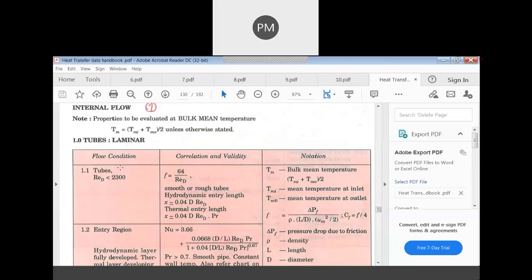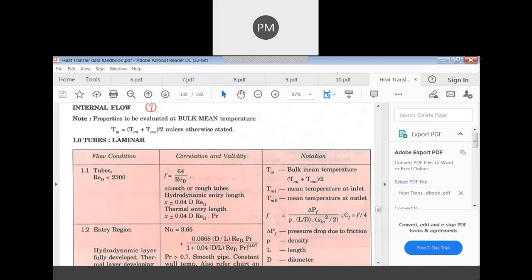I told you it can be a laminar flow or a turbulent flow. For laminar flow, what is the condition? The Reynolds number should be less than 2300. And the friction factor has been given here. How to find the friction factor? Friction factor is required to find the pressure drop.